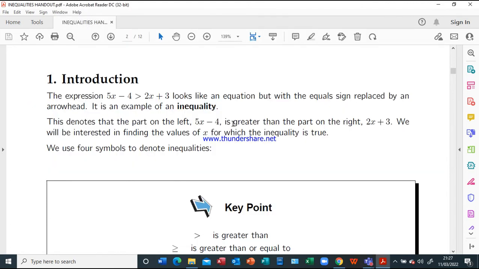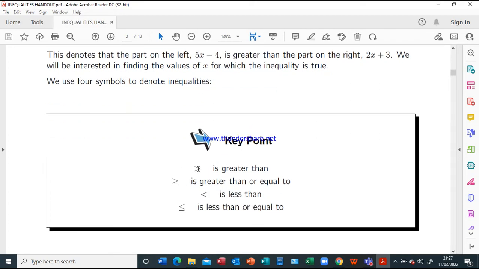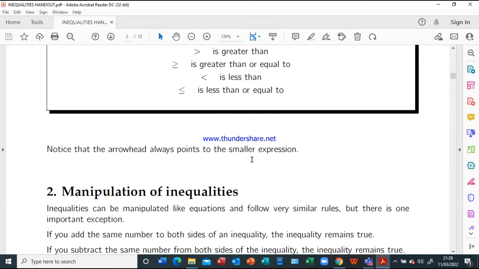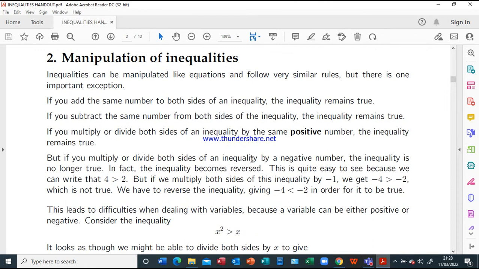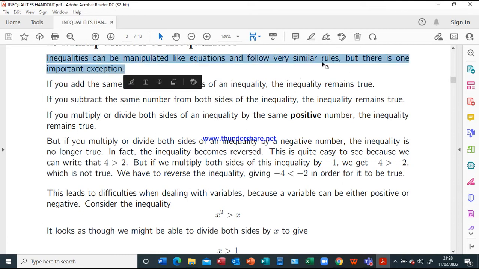Yeah, so I was talking about this inequality 5x minus 4, which I have highlighted here. 5x minus 4 on the left hand side, right hand side is 2x plus 3. So that's how any inequality looks like, and I've already talked about the key points here: greater than, greater than or equal to, less than. These are the symbols we use. In order to solve inequalities, the steps are the same, we use similar rules.